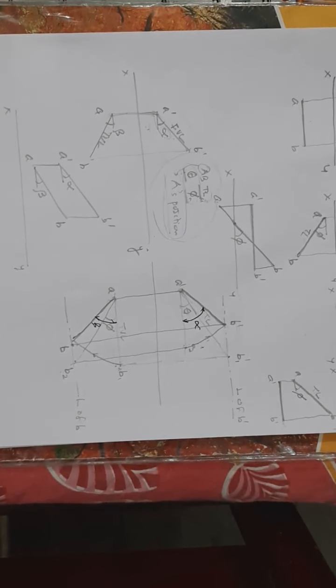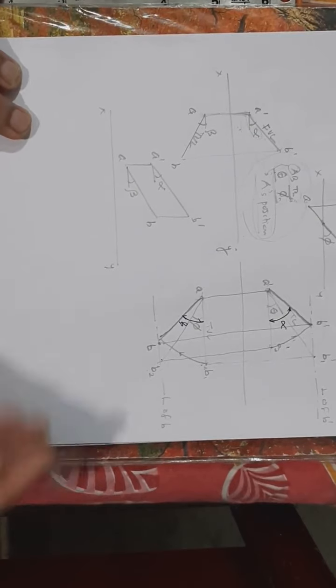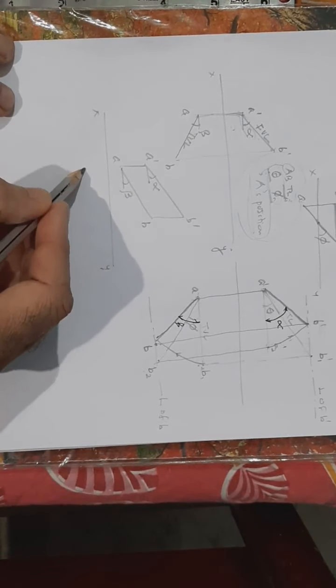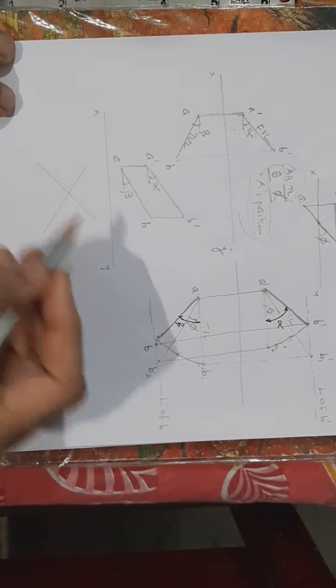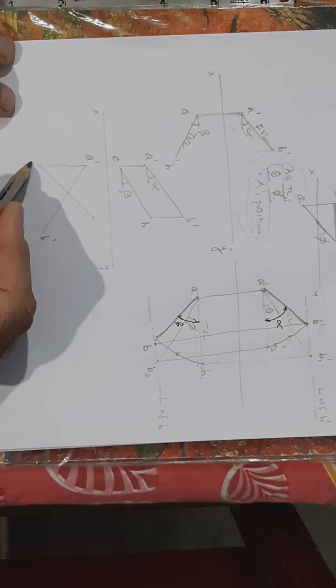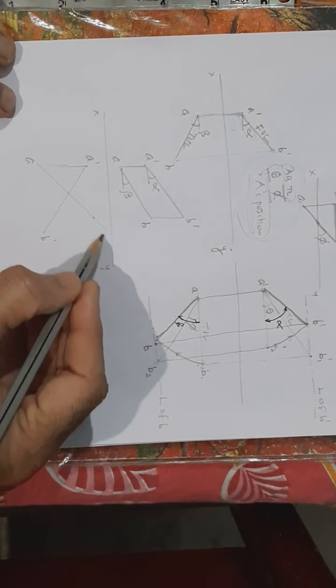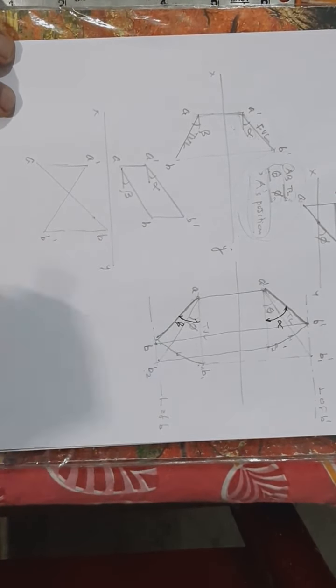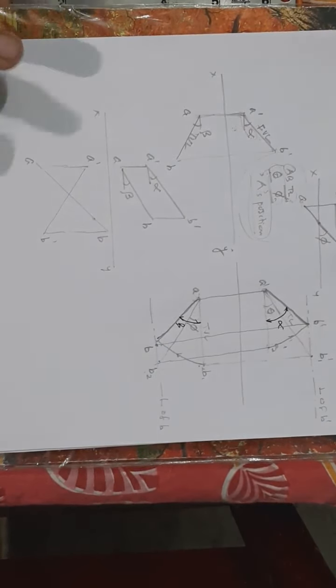If both are drawn below the XY line, say suppose I draw the front view and top view of a straight line like this, A dash B dash, and this is A and this is B. So what does this tell me?